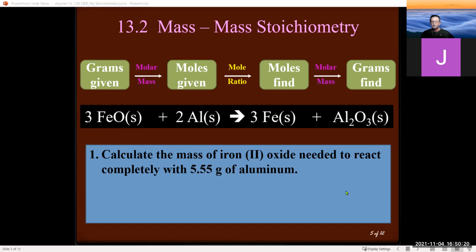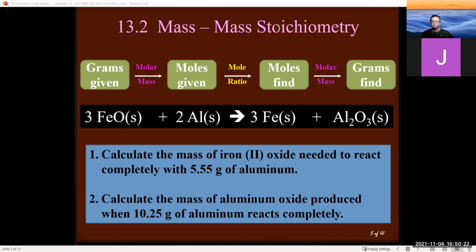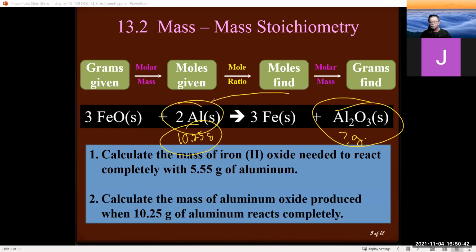Let's go to the second scenario. Here it says calculate the mass of aluminum oxide, which is right here. We need to know the number of grams of aluminum oxide produced when 10.25 grams of aluminum react. And again, everything else we don't worry about because it's assumed there's a sufficient quantity for that process to work.